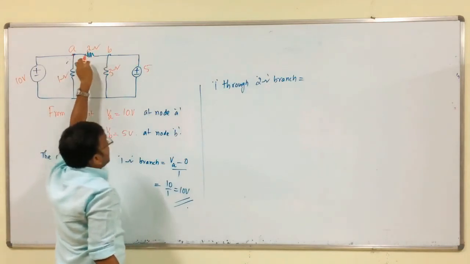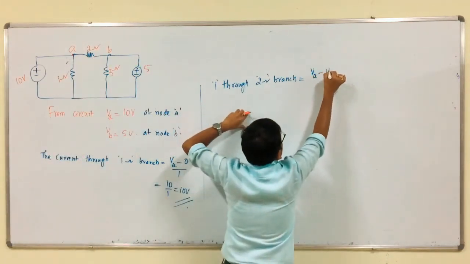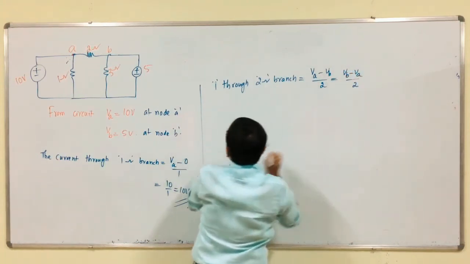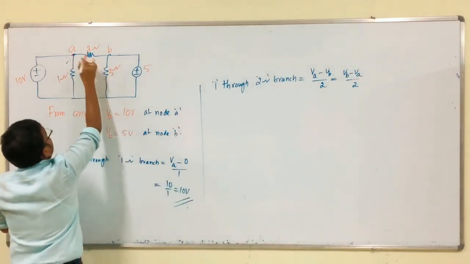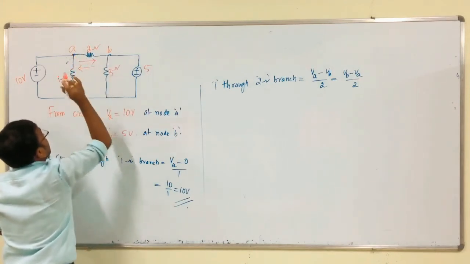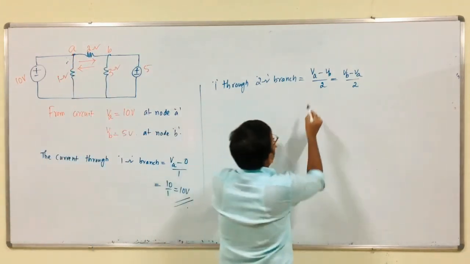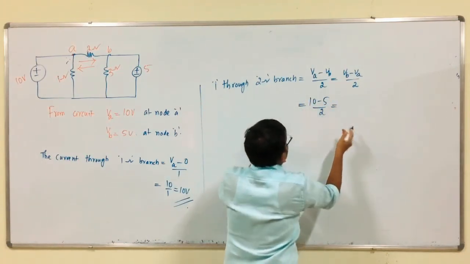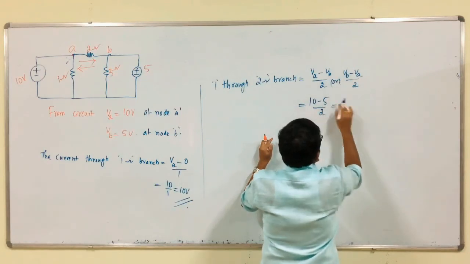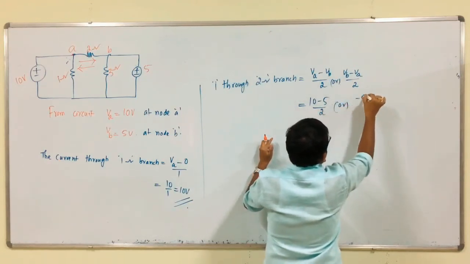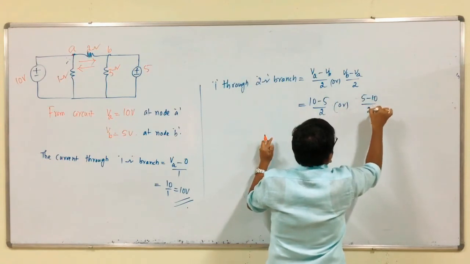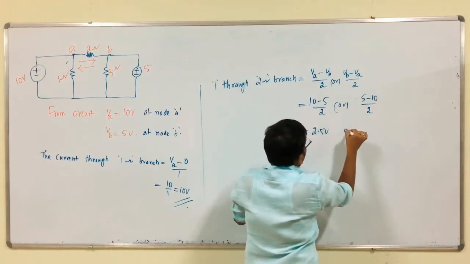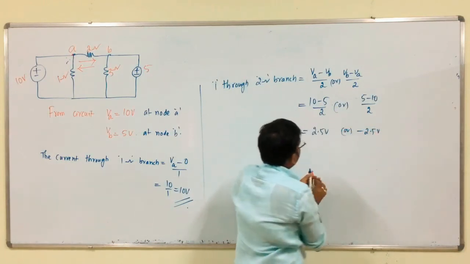VA minus VB by 2 or VB minus VA by 2. If it is from A to B, VA minus VB by 2. If it is from B to A, VB minus VA by 2, which is equal to 10 minus 5 by 2, or 5 minus 10 by 2, which is equal to 2.5 or minus 2.5.